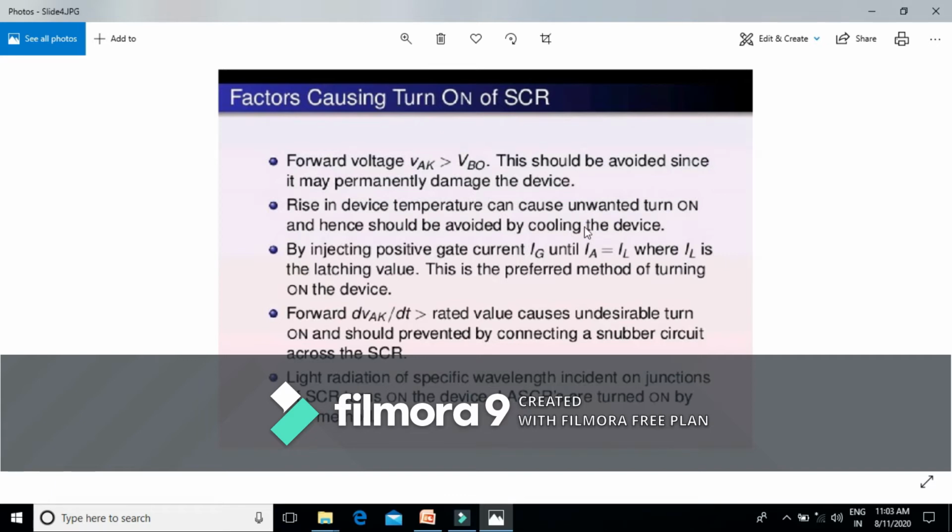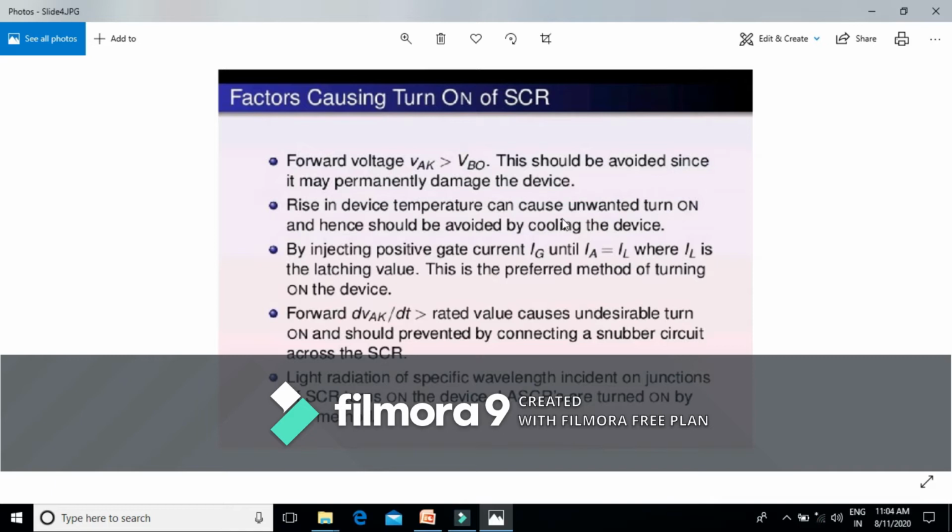Voltage across junction J2 and the small leakage current result in a rise of temperature across junction J2. When the temperature of this junction increases, this may result in more electron hole pairs due to the breakdown of the covalent bond.